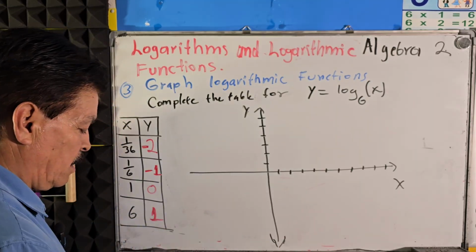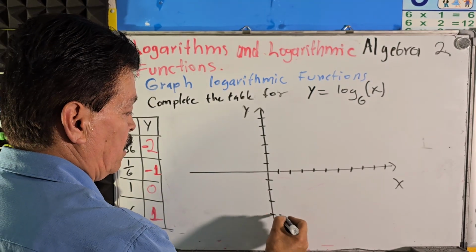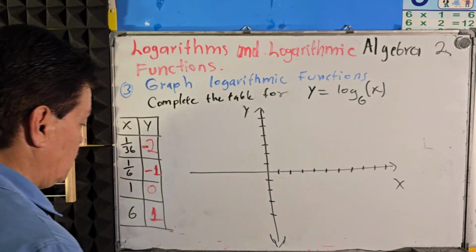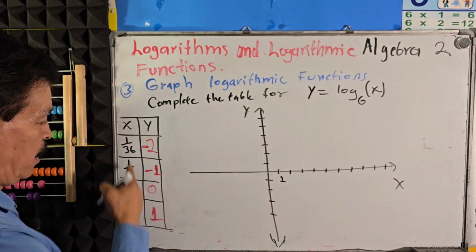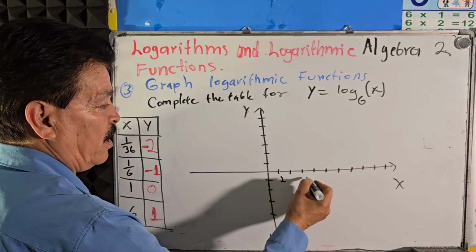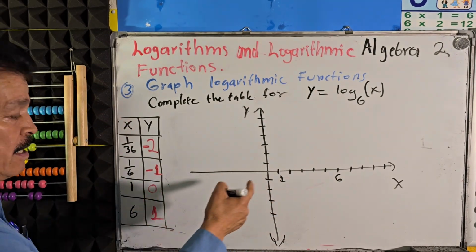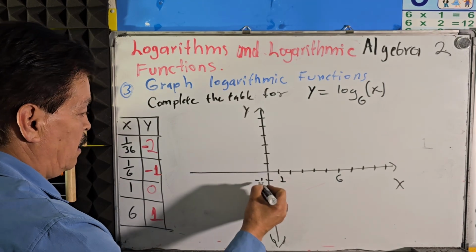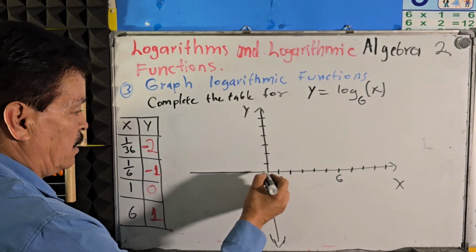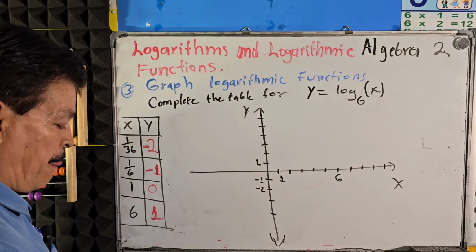I don't need too many points to the top or to the bottom. In the table, for x we have 1/6, 1, and 6, and in y we have -1, 0, and 1. Right? We have those numbers right there.